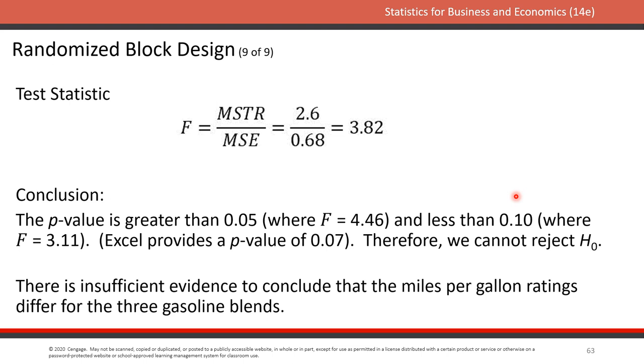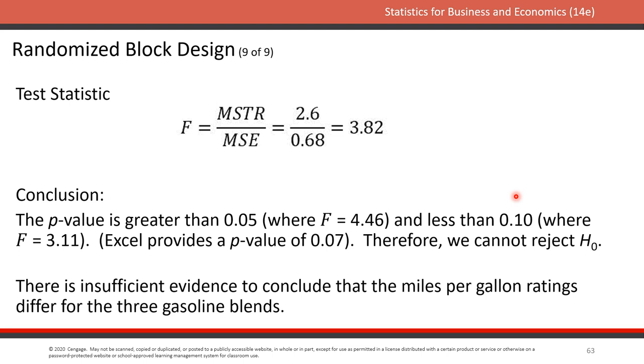So that has been our very quick discussion of the randomized complete block design. Again, we use this when we have a limitation on randomization. That is, if I'm trying something out within one automobile, I can't randomly assign that trial to a different automobile. I'm kind of stuck with the automobiles. Now, I could have randomly selected a bunch of different automobiles and randomly assigned them to the different groups.